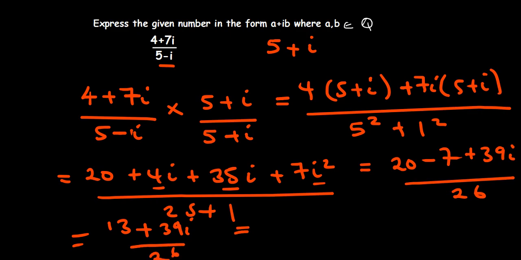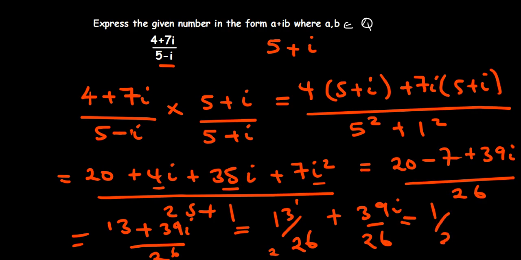So I can divide 13 divided by 26 plus 39i divided by 26, and I can simplify because 13 goes into 13 once and into 26 two times, and also 13 goes into 39 three times and into 26 two times. So that will give me 1 over 2 plus 3 over 2 i, and that is my final answer.